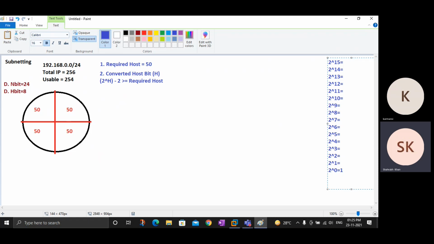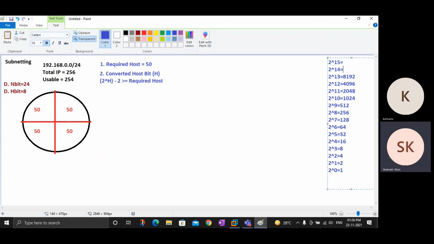So starting from 1, just double the number: 2, 4, 8, 32, 128, 256, 512, 1024, 4096, 8192.